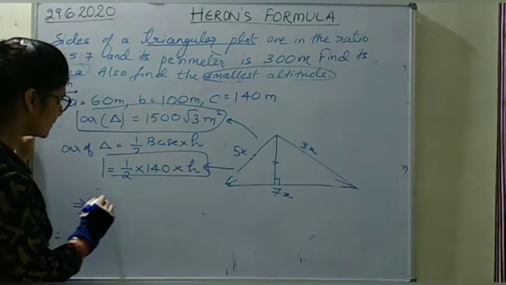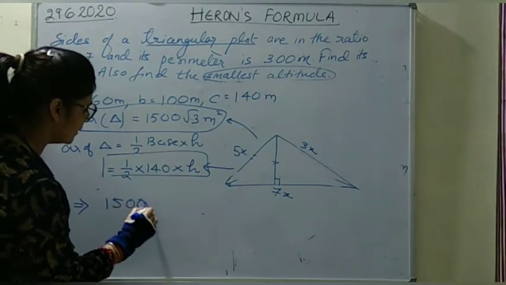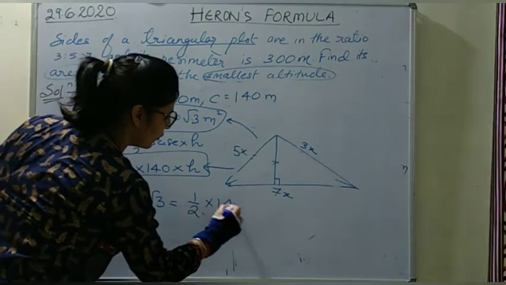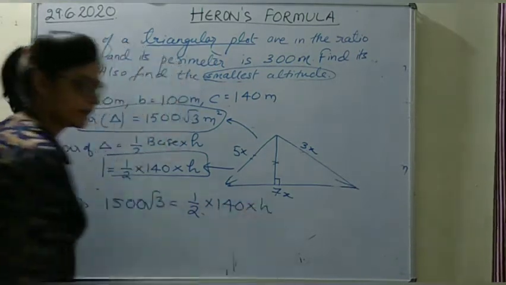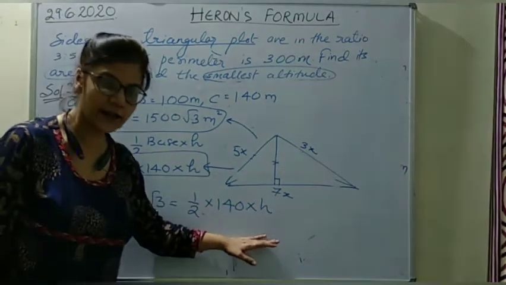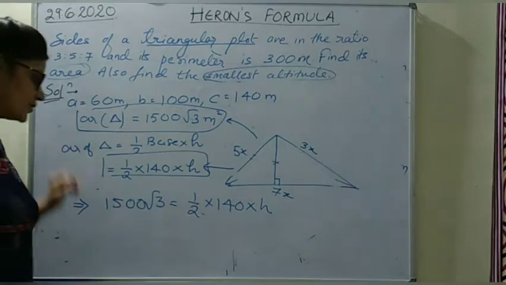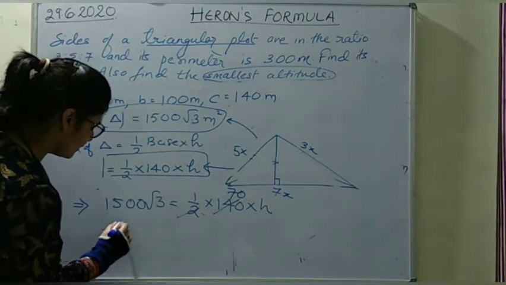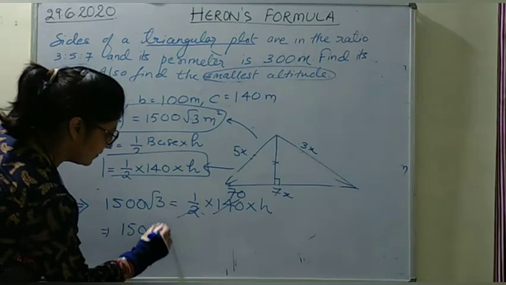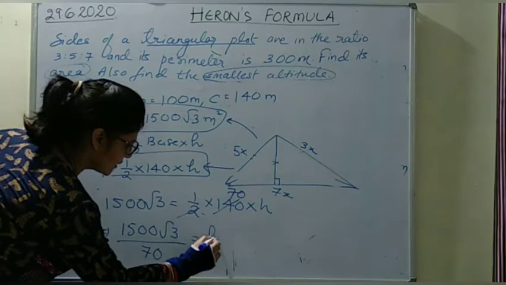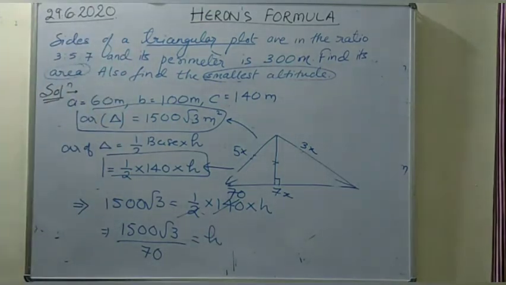So this implies 1500 root 3 is equal to half into 140 into h. Is this point clear? This is also the area of the same triangle, and this is also the area of the same triangle, so both should have the same value. Now 2 70s are 140, so this will be 1500 root 3 upon 70 is equal to h.